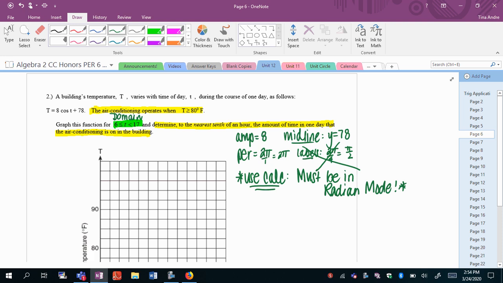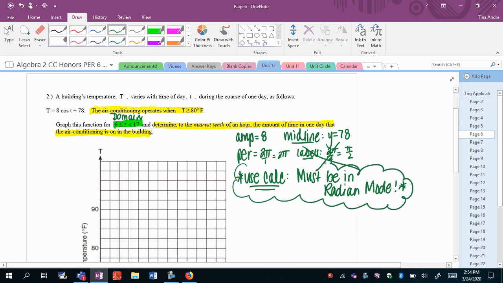You can go into the settings in the graph and change that as well to radian mode. You just have to go into the settings once you're in the actual graph. So make sure that you're in radian mode, otherwise you won't get the right values.